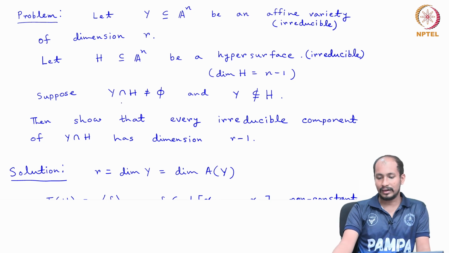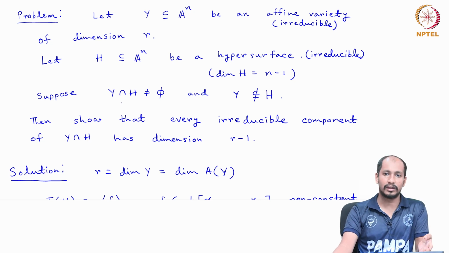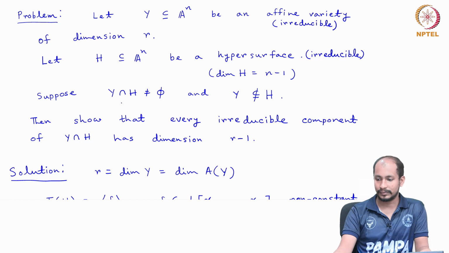But in the affine case it may not be true that a variety of dimension at least 1 inside A^n intersects a hypersurface inside A^n. But inside P^n this is always the case, meaning every variety of dimension at least 1 will always intersect a hypersurface inside P^n.